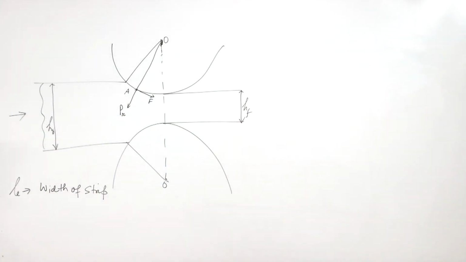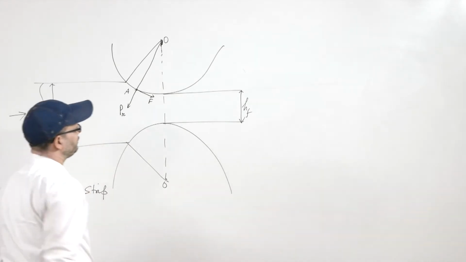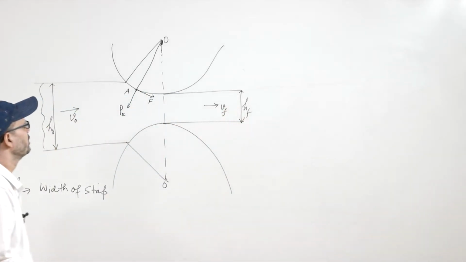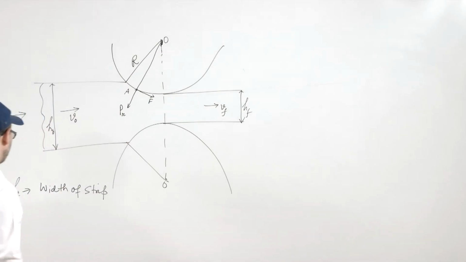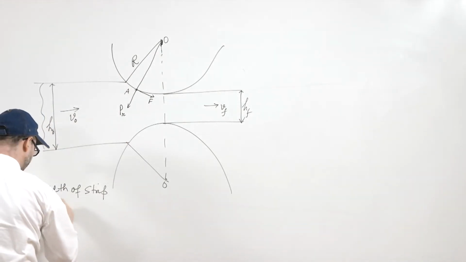Similarly, it will be moving with velocity v naught here, and with velocity v f here. The roll has a radius R, so capital R is the roll radius.